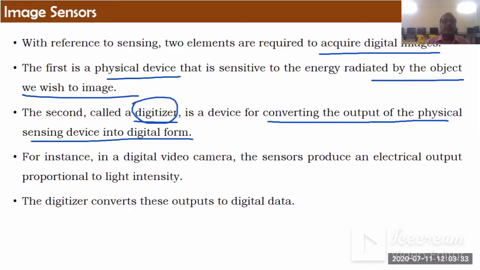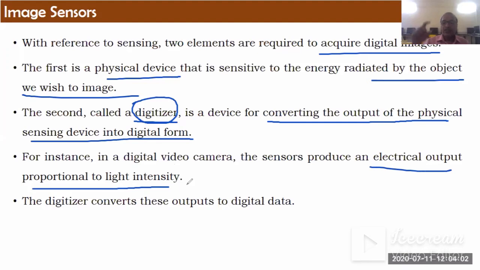So these are two parts. One part is a physical device which is used to capture the radiation or the rays from the image or from the object. And second, that is converted to digital form by using the digitizer. These are the two important parts in an image sensor. For instance, in a digital video camera, the sensor produces an electrical output proportional to light intensity.